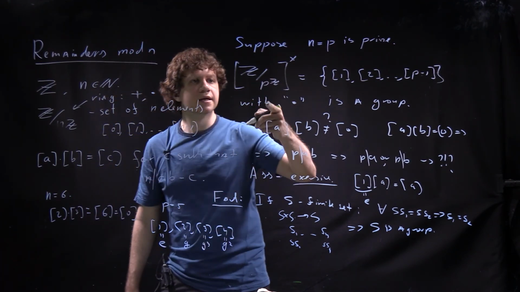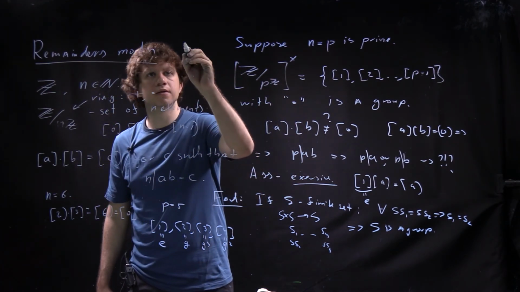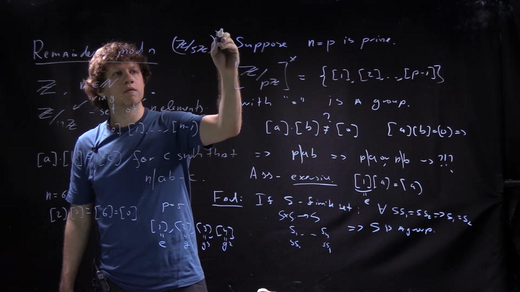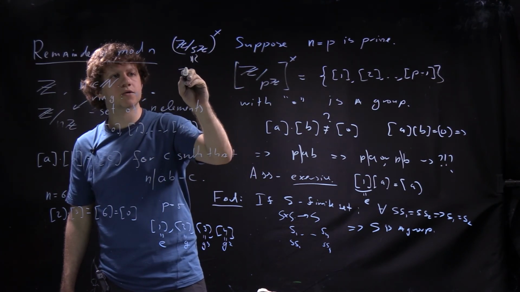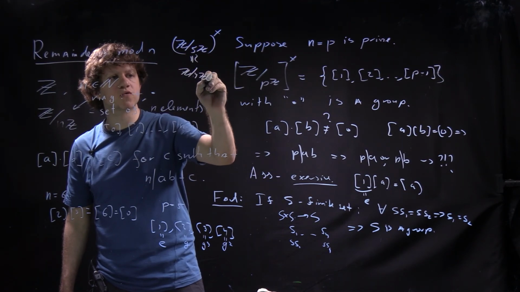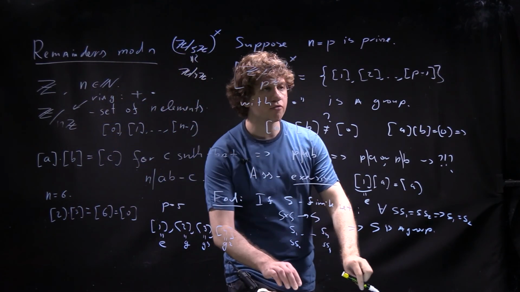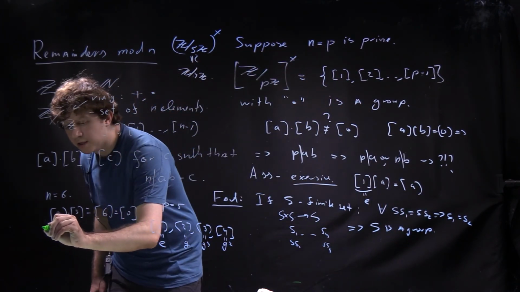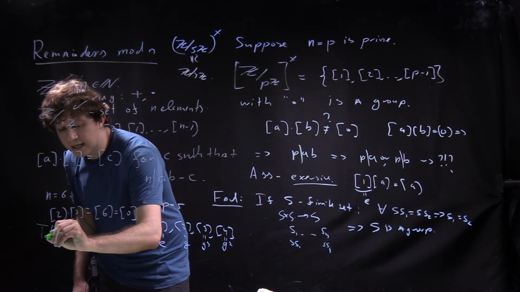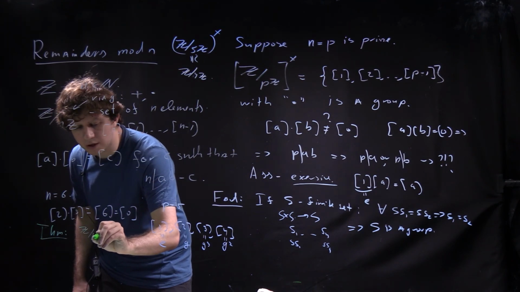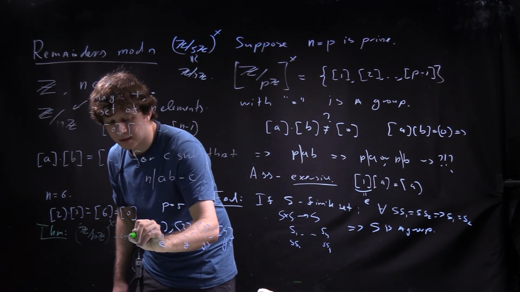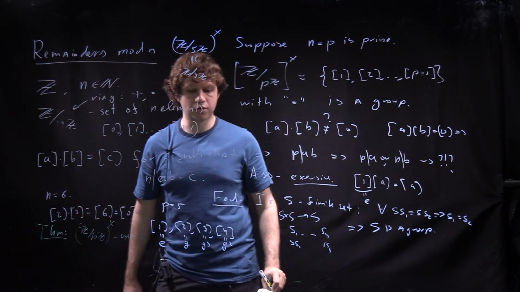So for instance, (Z/5Z)^× is isomorphic to Z/4Z. It's a cyclic group with 4 elements. And in general, there is a theorem, though very non-trivial, that (Z/pZ)^× is cyclic. That's not simple at all.